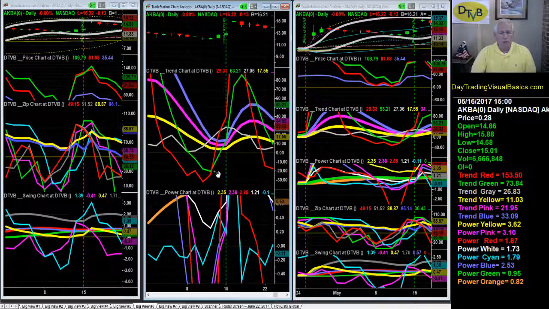In the trend chart here, we have the same thing as we had in the last one. This is a sky touch. Trend red is actually, if we look right back here, trend red is climbing at this point here. So trend red is in a 3-day up pattern, whereas trend green is in a 2-day BOC up pattern, down, up, up.